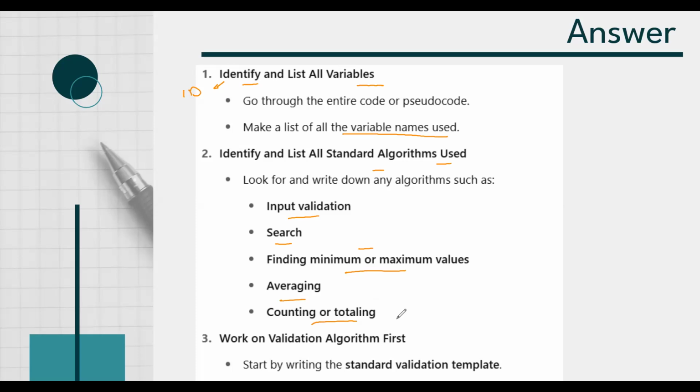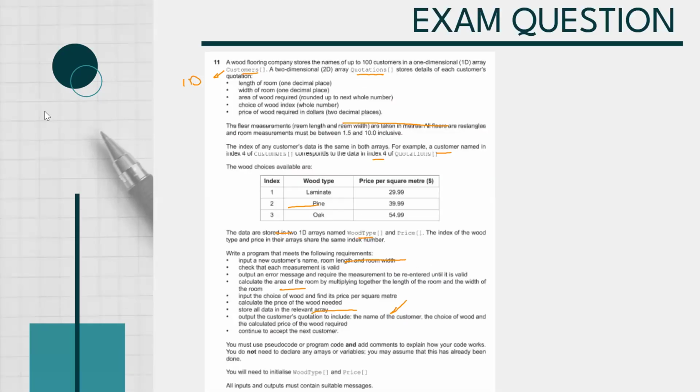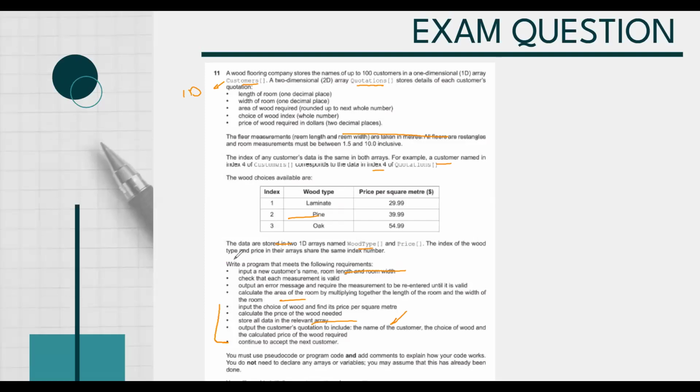Validation, of course, is the thing that we will start with. To identify the list of standard algorithms, you need to search this portion. This is a feature that he requests from you, and from there, you are going to search for standard algorithms.